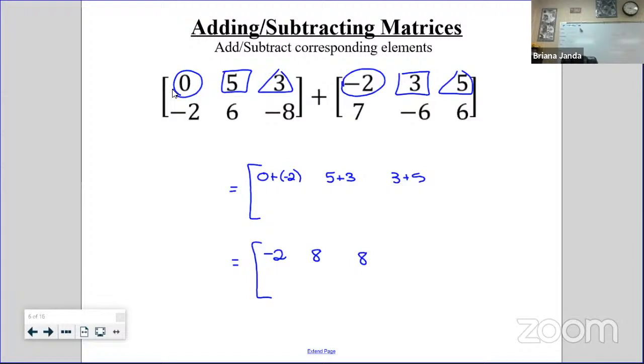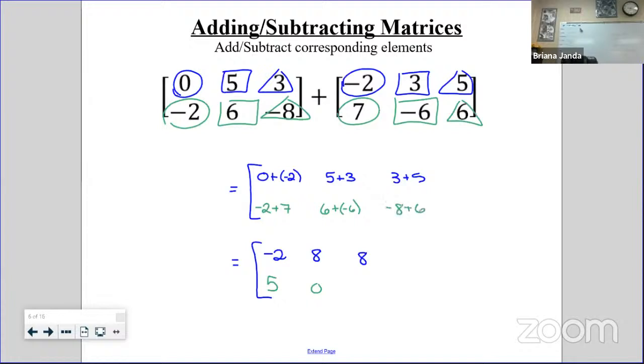Okay, same thing for that next row, -2 plus 7, 6 plus -6, and -8 plus 6. And our answer should be the same size as our originals.